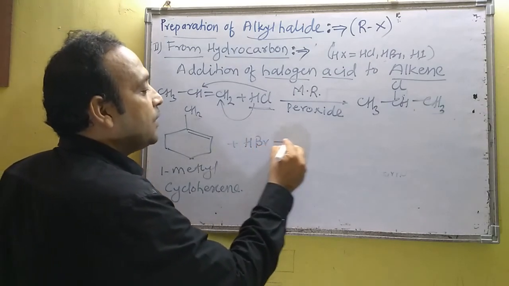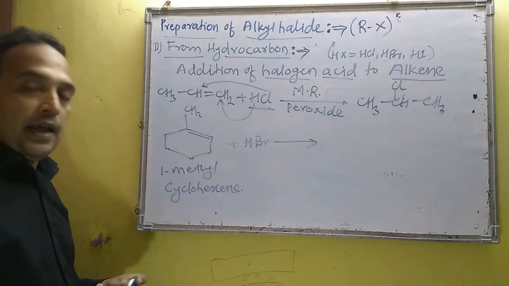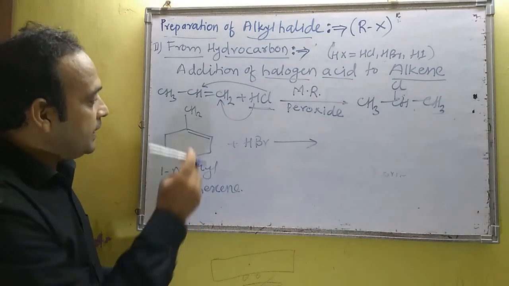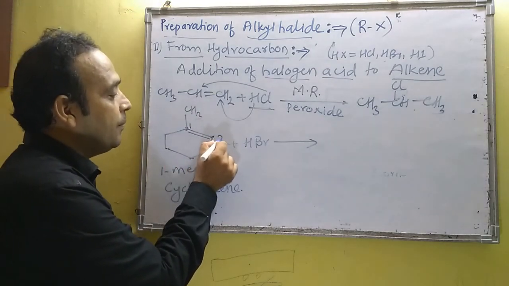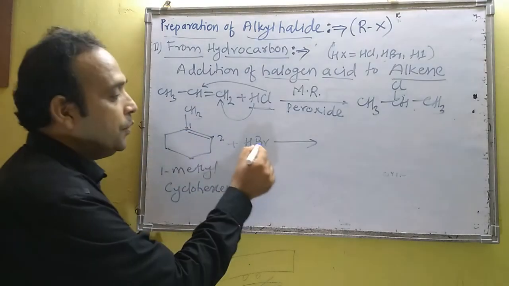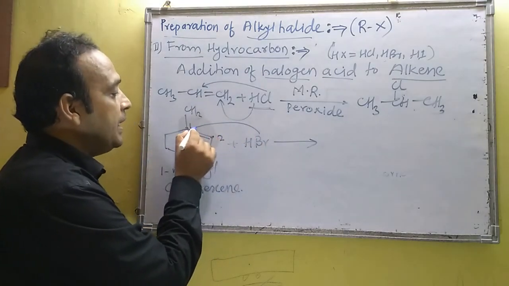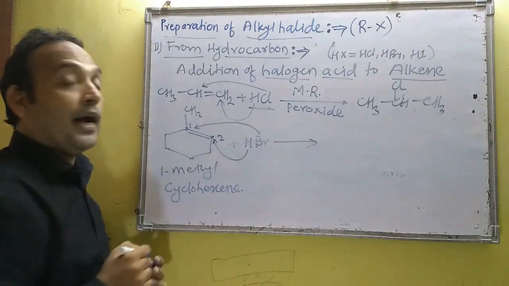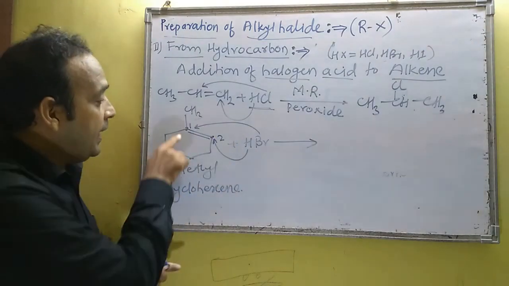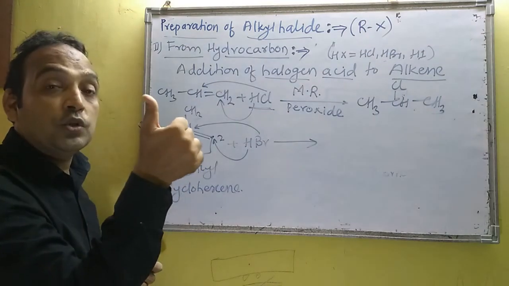Now in this case, this one is my carbon number 1, this one is my carbon number 2. According to Markovnikov rule, Br attaches to carbon number 1 and H attaches to carbon number 2, because here no hydrogen atom is attached to carbon 1.